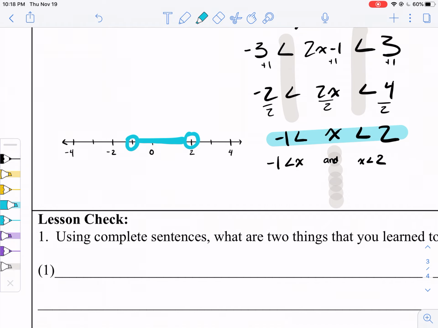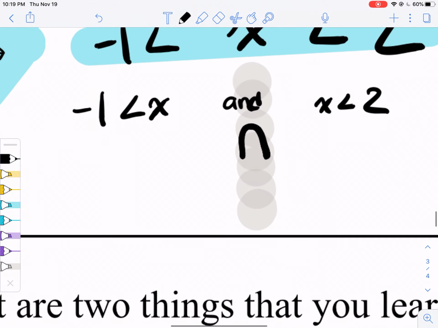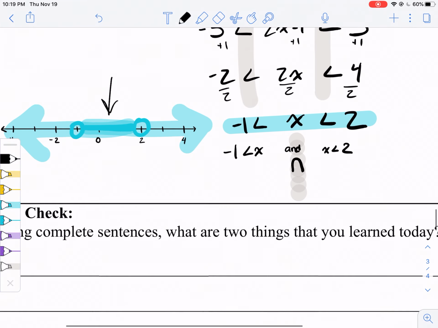We have negative 1 is less than x, which is going that way, and x is less than 2, which is going this way. And this guy is the intersection of them. So we're going to intersect. Cool? Cool. Because we're looking for what makes both of them true. So just there, overlap.